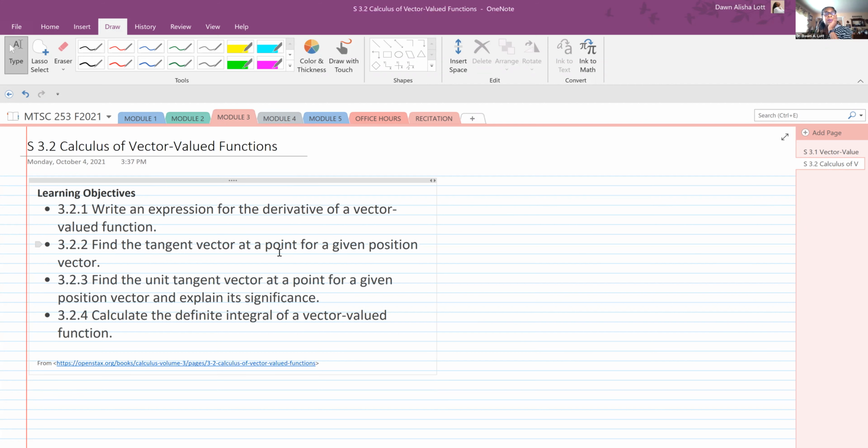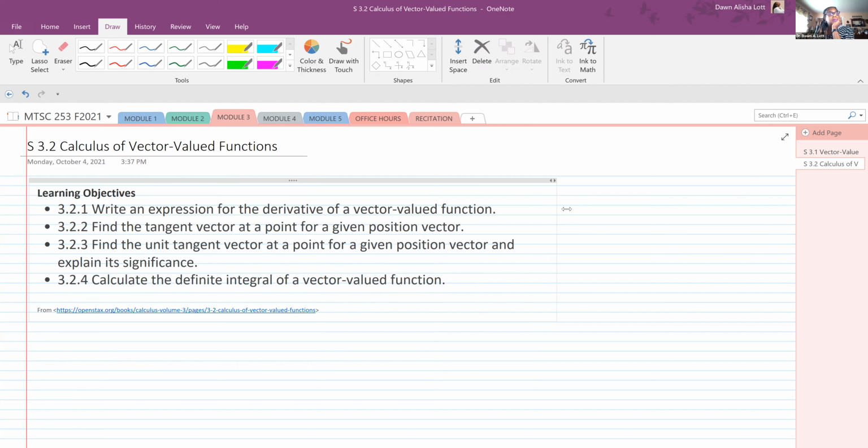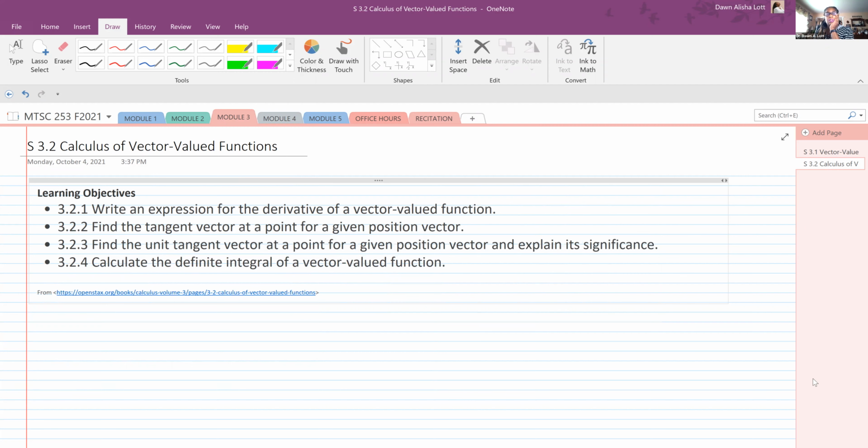Okay. So we're going to go into calculus of vector valued functions. And actually it is just like that limit and continuity, except I'm going to do some derivations first.